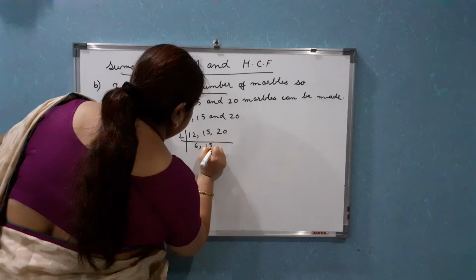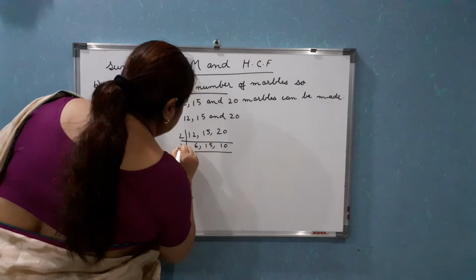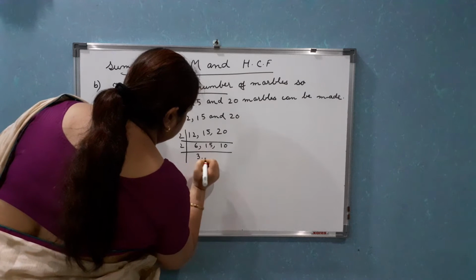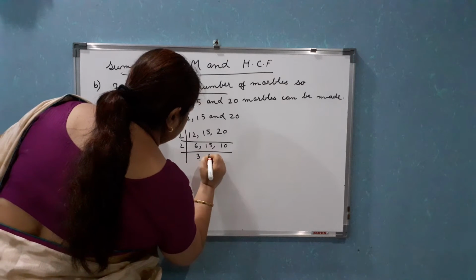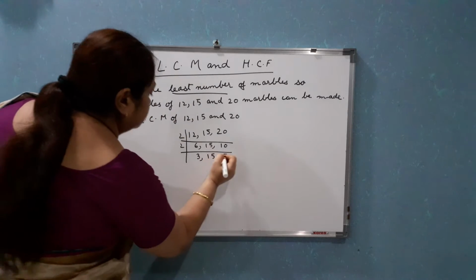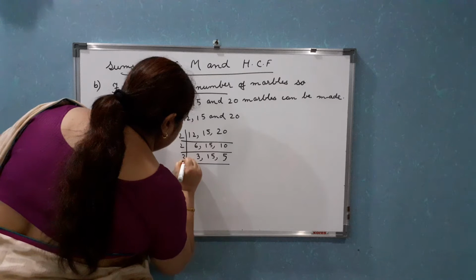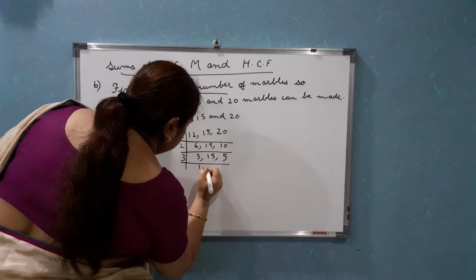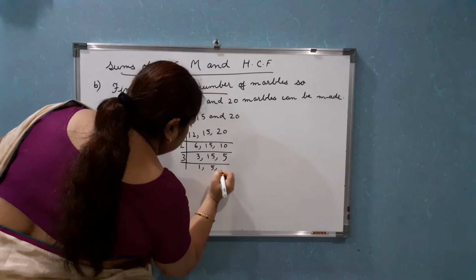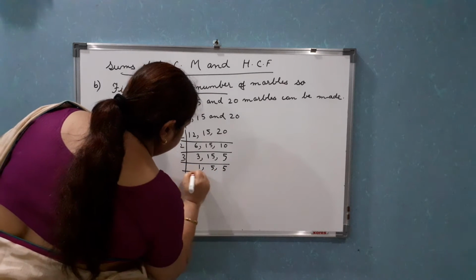Then 15 will remain same, 2, 10. Then again 2, 3 is a 6. Then 15, 2 5s are 10. Then 3 1s are 3, 5s are 5 and last is 5.